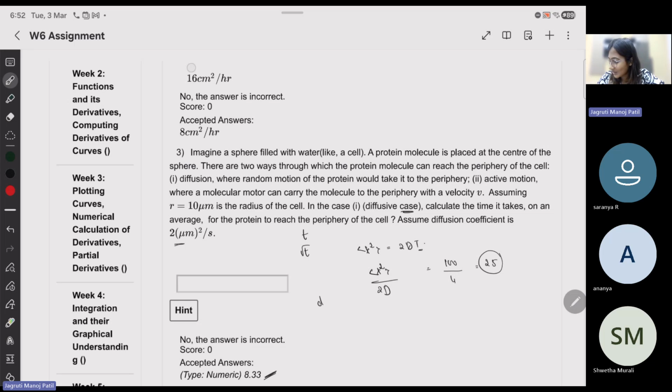So what's the relationship between diameter and radius? Radius is diameter by 2, right? And this is the entire distance that we have to travel across a sphere. So this is the diameter that we are talking about, but what's being given to us is the radius here. I was very confused about why it was like that. So here we have to calculate d squared by 4. So you'll have 100 by 4, that's 25.